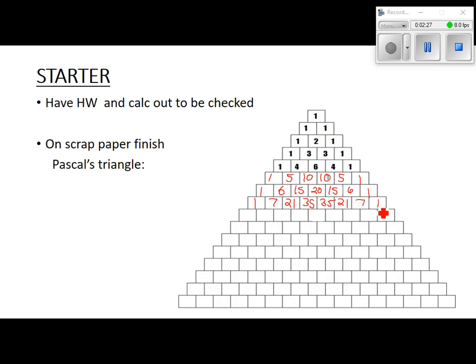Notice once we get to the middle, it starts going back down. Every other row, you'll have a new number introduced in there that you have to add in. 21. That is 56. 70.